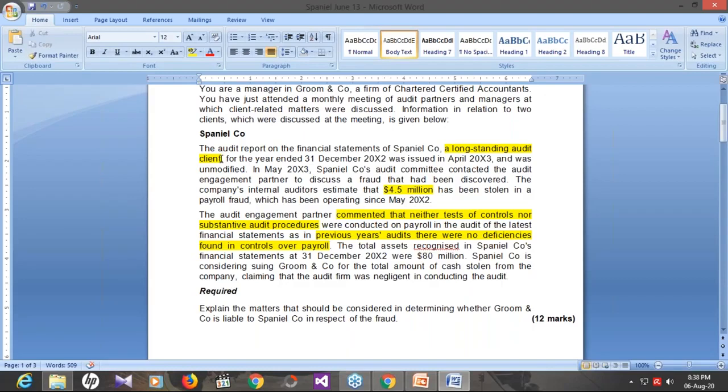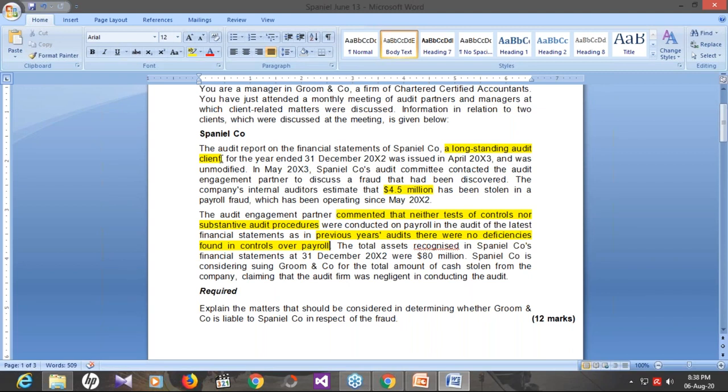So you need to discuss the 3 points of the duty of care. First, the auditor owes a duty of care. Second, the duty of care has been breached by the auditor. And the last thing is that a financial loss has occurred due to the negligence. So you need to discuss that.